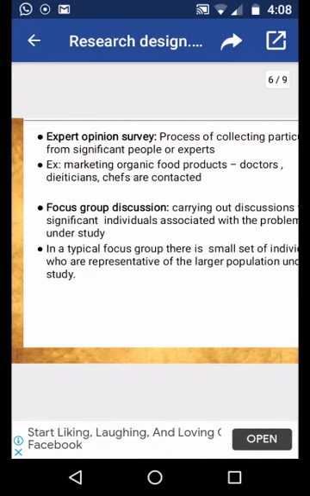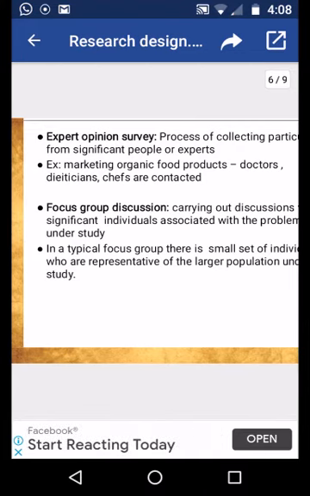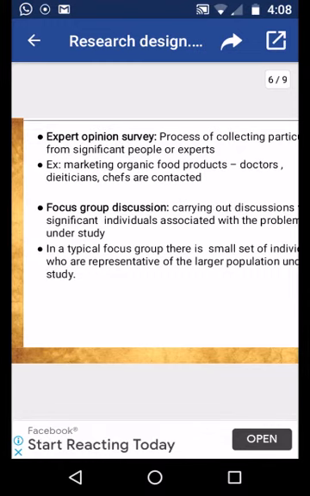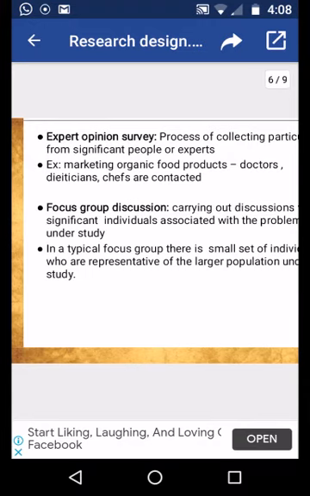In this aspect, the researcher may use the expert opinion method, where opinions of experts are taken into account, and focus group discussion can be carried out. Expert opinion means you are collecting opinion from experts on the particular topic.